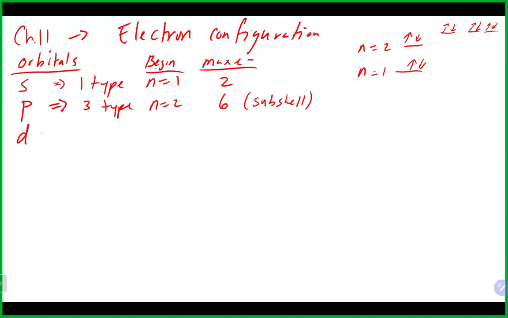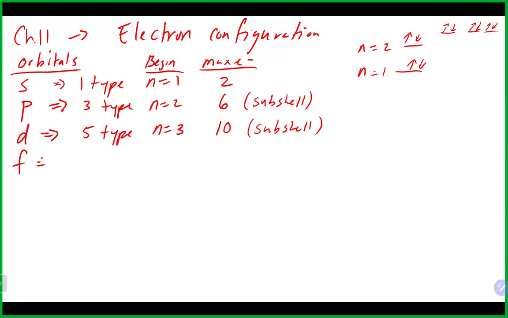D orbitals, there are 5 different types of d orbitals, and it's not until the third energy level that we really do see d orbitals start to appear. Same idea here, since there are 5 different types of d orbitals, you could get a maximum of 10 electrons in there on any energy level, and once again, that would be if you fill the entire d subshell.